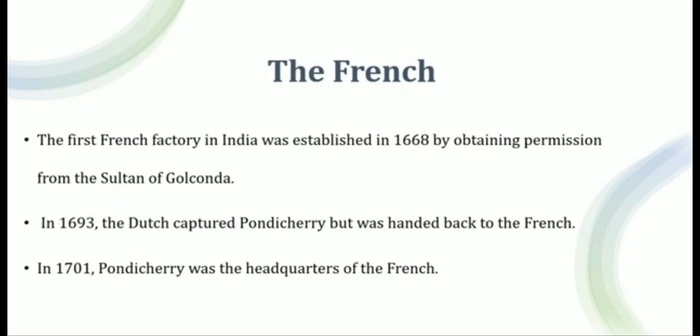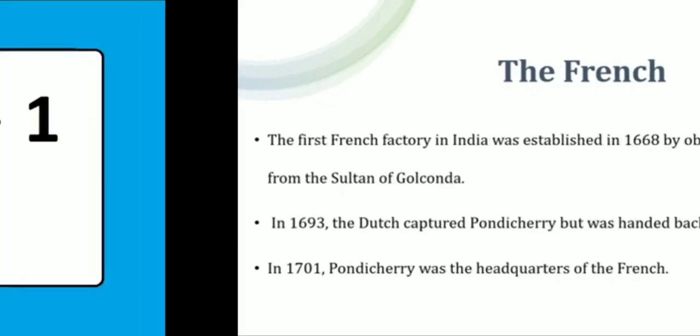In 1693, the Dutch captured Pondicherry, but after a few years they handed it back to the French. In 1701, Pondicherry was made the headquarters of the French. Are you clear, students? Thank you, students.